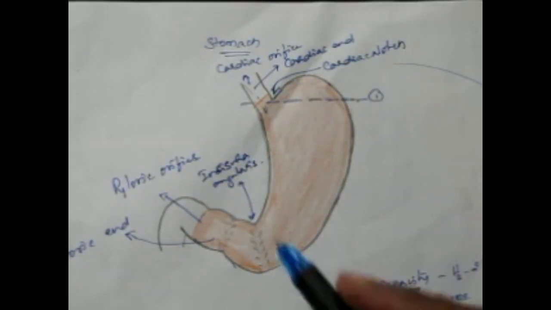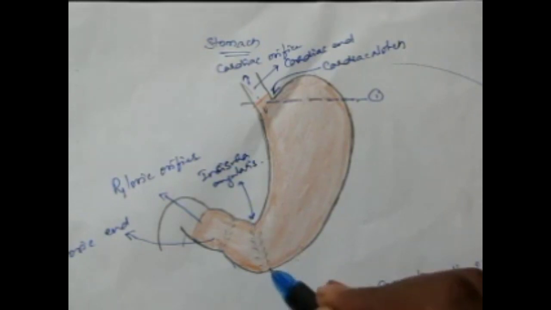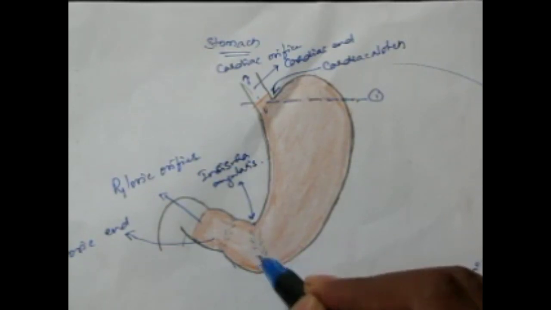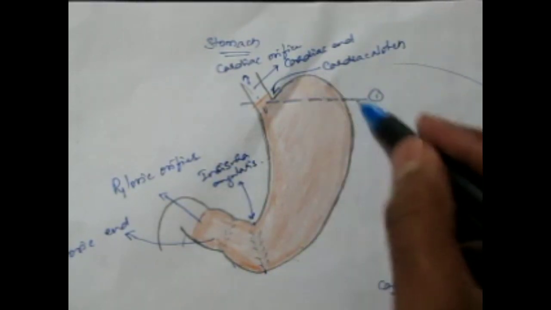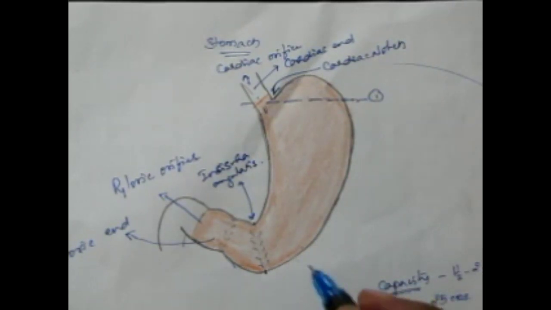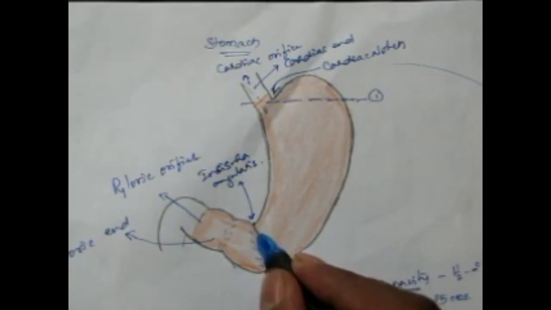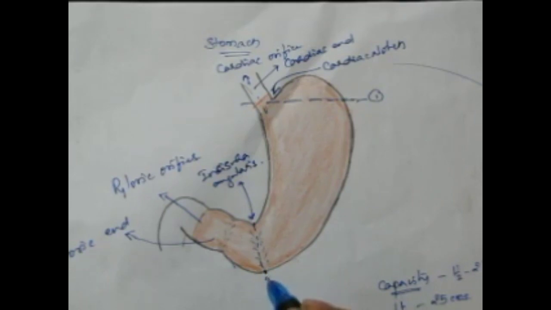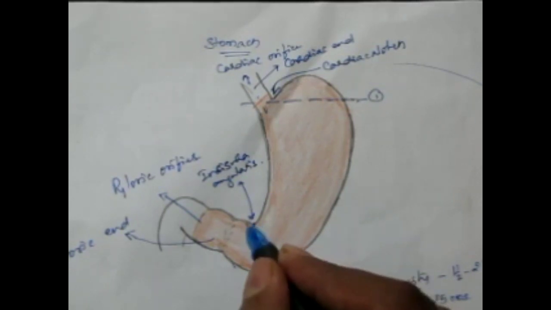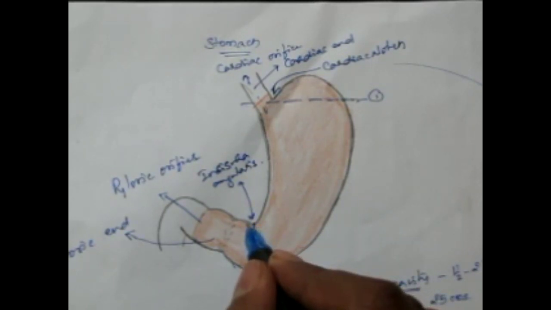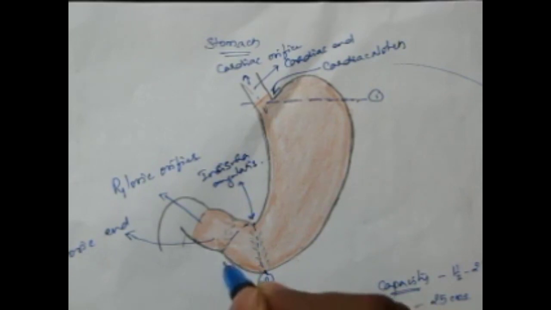The second imaginary plane we draw from the incisura angularis to the end of the greater curvature bulge. And again from incisura angularis to the end of this bulge, the third imaginary plane.